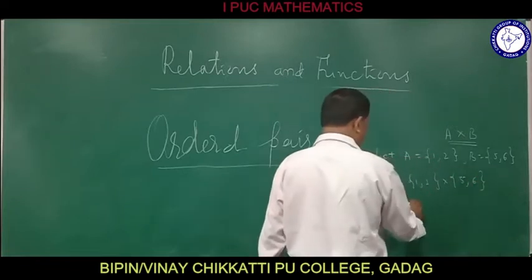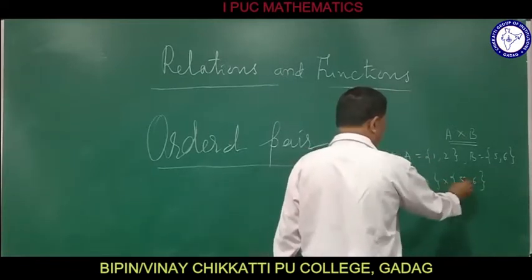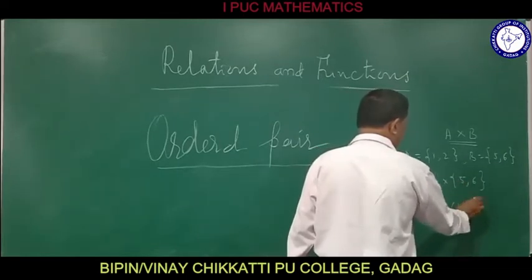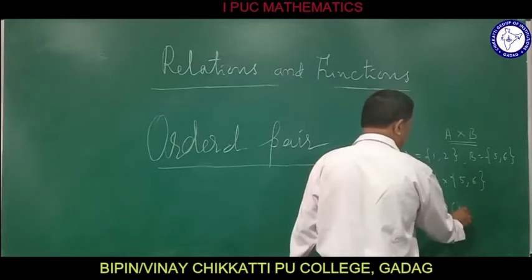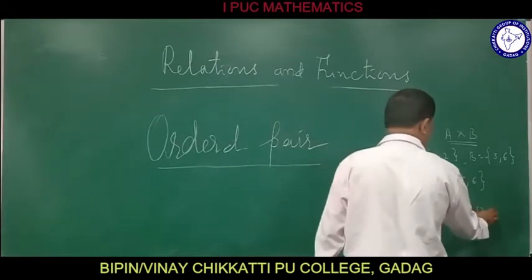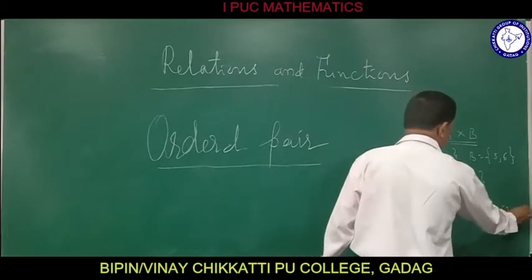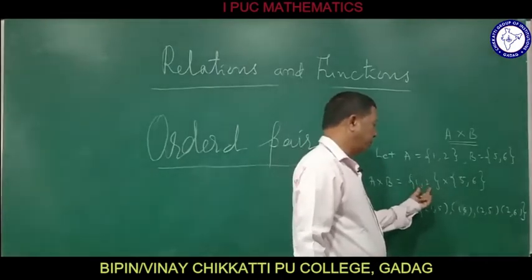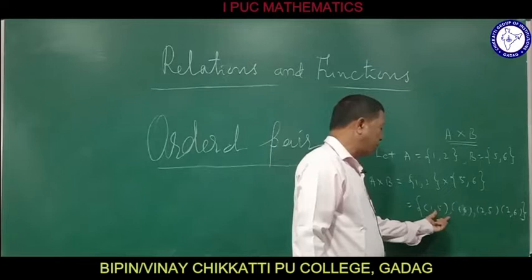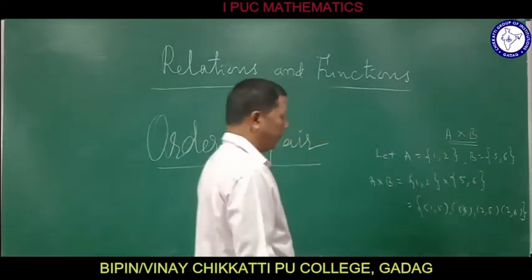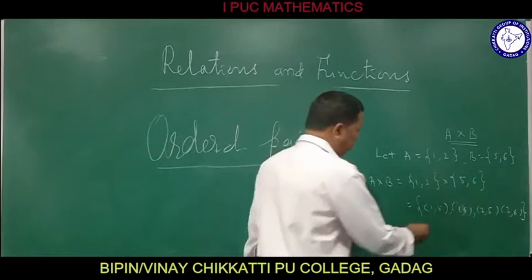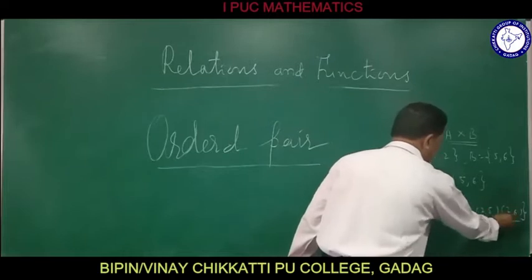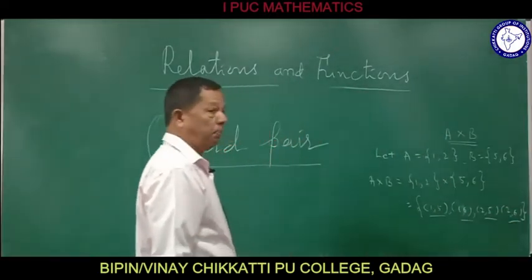When you multiply, you will see (1, 5), (1, 6), (2, 5), (2, 6). After finding the product of two sets, we see the elements are ordered pairs. These are called ordered pairs: (1, 5), (1, 6), (2, 5), (2, 6).